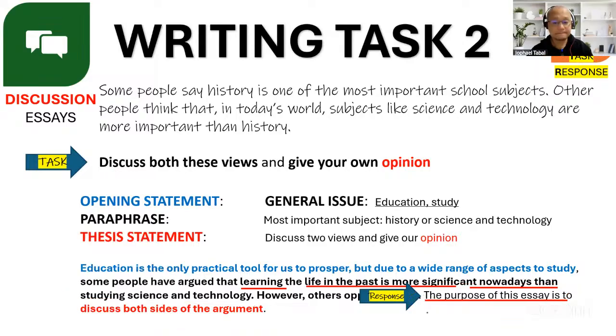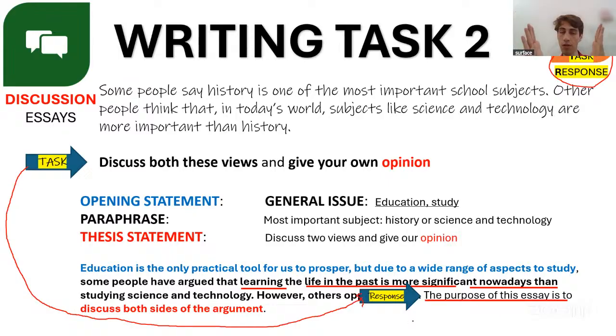In discussion essays, I asked them to quickly paraphrase the question, then write their own opinion in the introduction, and then state two supporting reasons, the ones they are going to discuss: one reason for the people who agree with it, and one reason for the people who disagree with it. That's correct for discuss both sides.